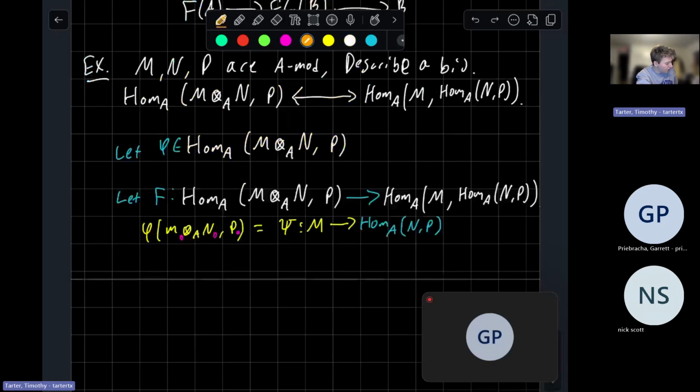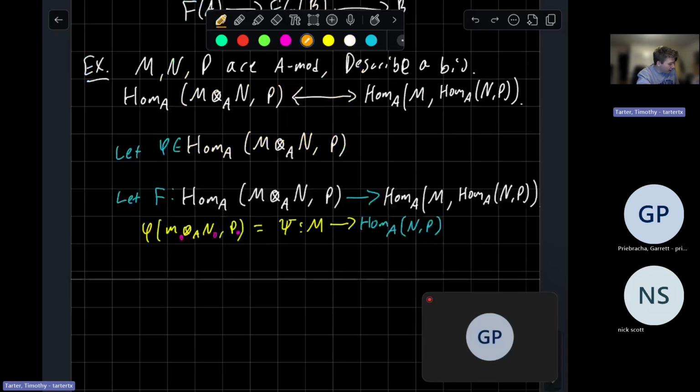Where is the universal property of tensors? Hold on. If M is an A module, A to B is a morphism of rings. That's no, that's universal property of tensor.